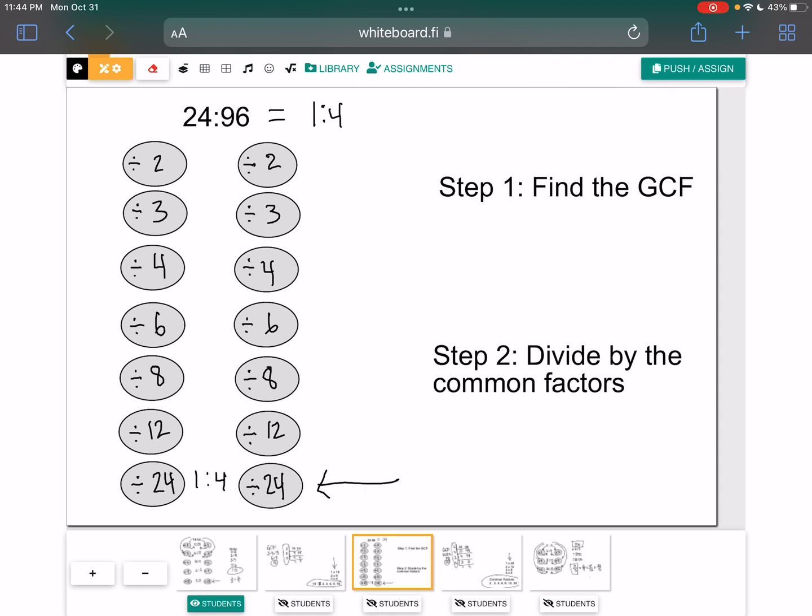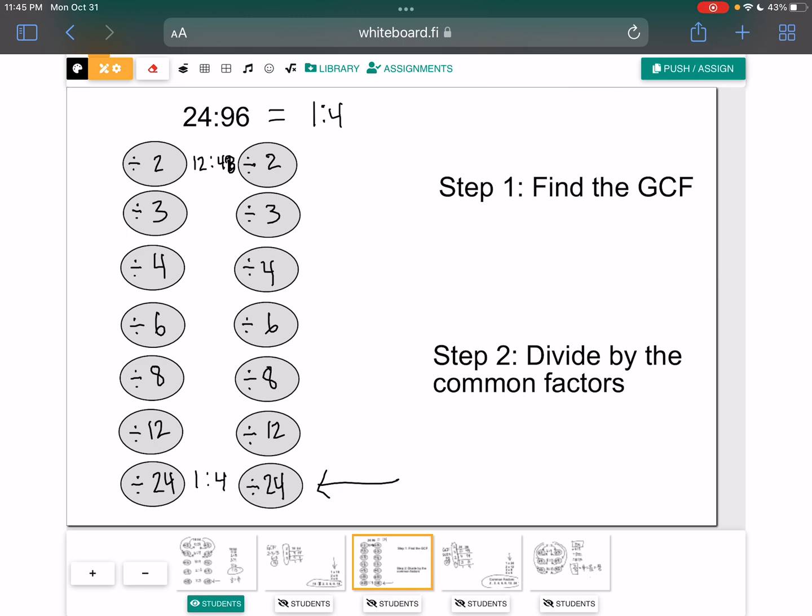All right. And everything in between here is equivalent to 1 to 4 or 24 to 96, all right? So I want you to go ahead and do those divisions and come back and check your work. All right, this is going to look like this. If we divide each term by 2, we get 12 to 48.